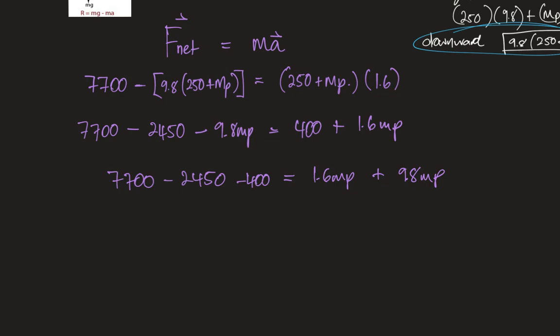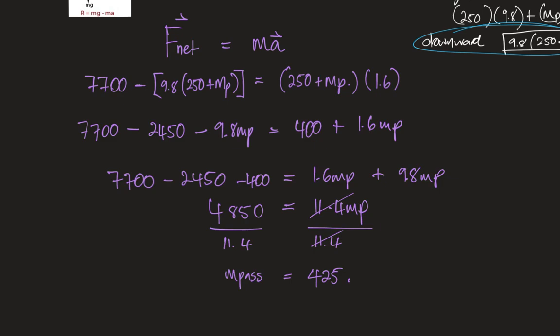If I pop everything into my calculator, I'm going to get 4,850 is equal to 11.4 mp. Divide both sides by 11.4, and then the mass of my passengers is equal to 425.438, so 425.44 kilograms.